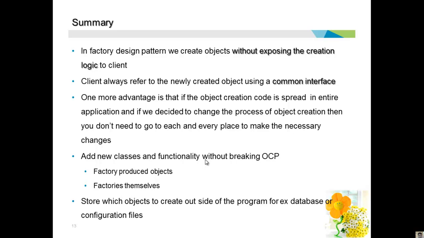And one more really interesting advantage is that if the object creation code is spread across the entire application, and for some reason the business requirements demand that you change the process of object creation, then you don't need to scan through all the files and change the way you are creating that object. You just need to go to the respective class factory and make the change.